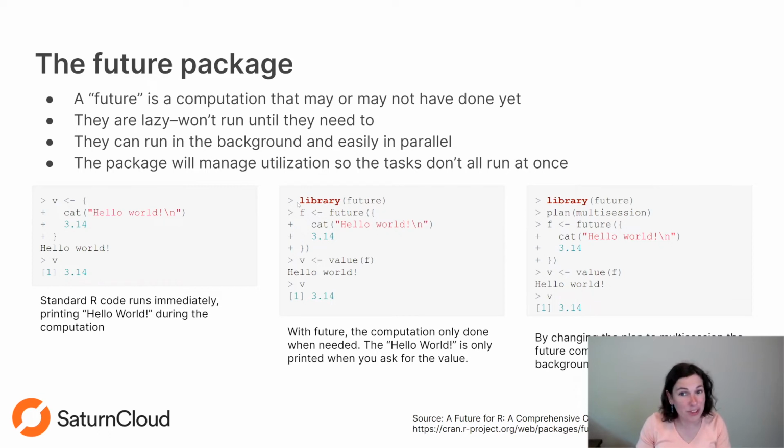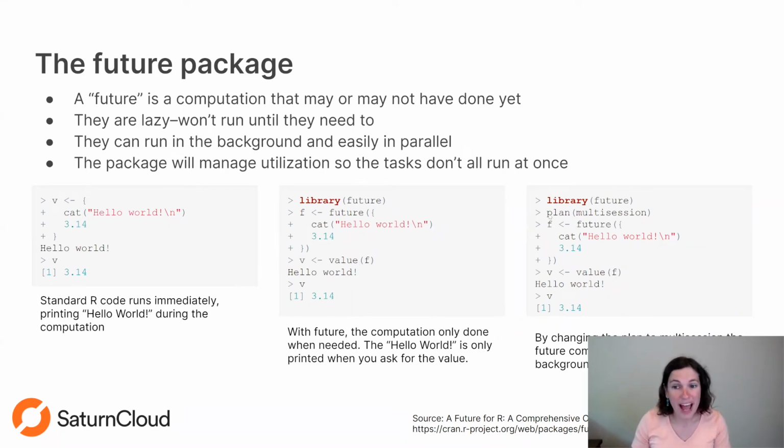If you use the future library, what you can do instead is put this command in a future. And then v is equal to the value of f. What I'm basically saying here is, okay, now take that future and tell me what the value is. Only then do I see the hello world, which is to say this block of code with the future in it is not actually executed. I'm just saying this is what the command is. And only when I ask for the value does it go back and execute the command.